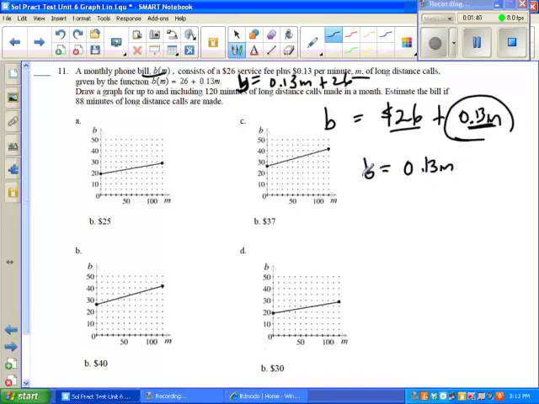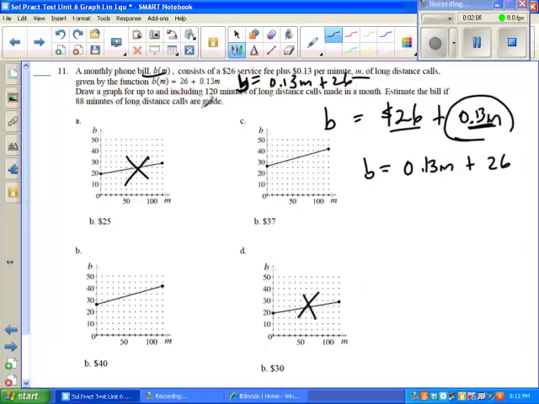So in other words, this would be Y equals MX plus B. This is our y-intercept, right? Well, go to the graph that has 26 as your y-intercept. There's 20. There's 26. So these two are saying I paid $20 to begin. So now I'm there. Then I have to go 13 cents every minute.